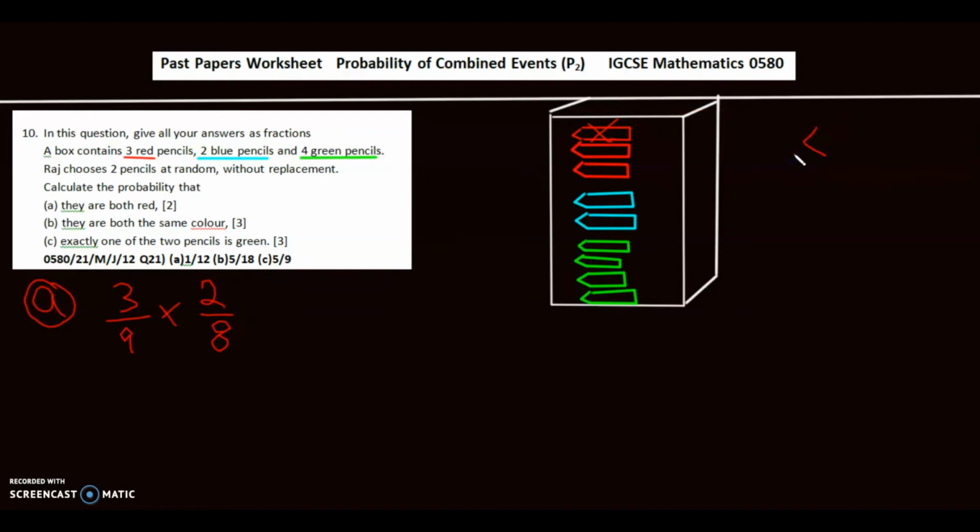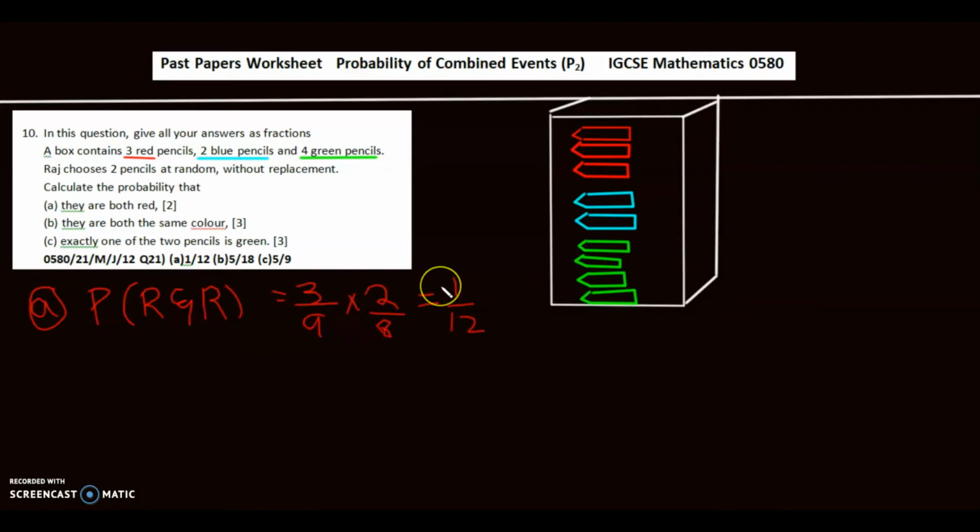So the answer would be, let me just remove that mark. Yes, 2 upon 8, which gives 1 upon 12 rounded off answer. Okay, for part B, find the probability they are both the same color. So it's either going to be red and red like in the first case.